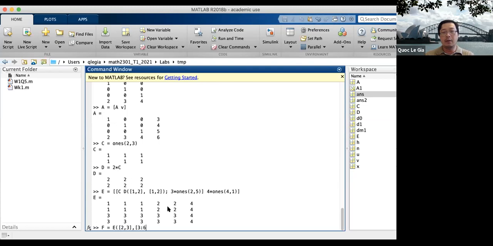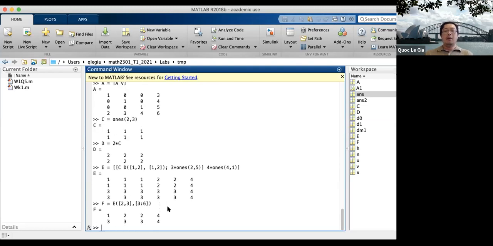Column 3 is here. So you get 1, 3, 2, 3, 2, 3, 4, and 4. Okay. So that is how you get the matrix F.